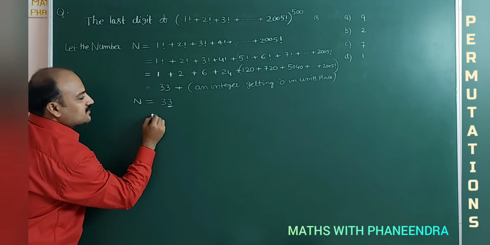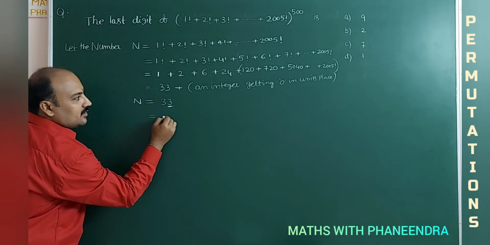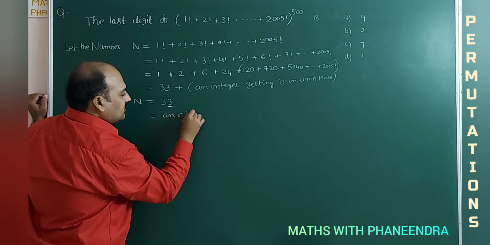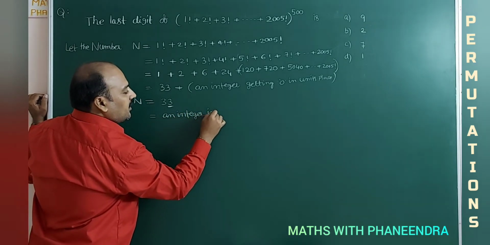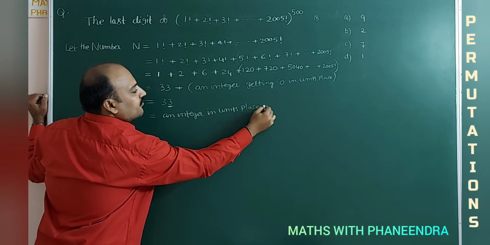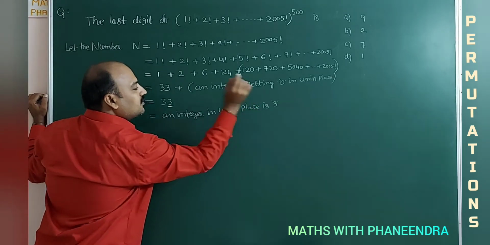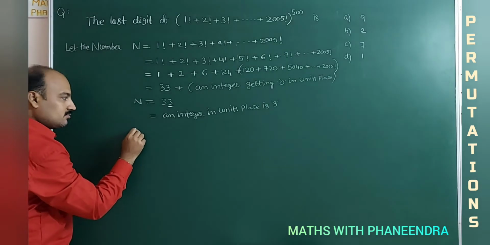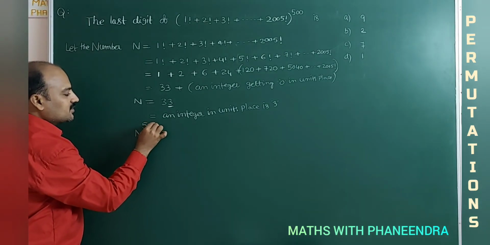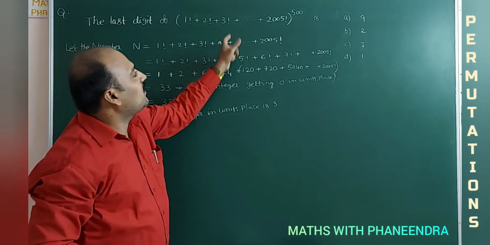So an integer in the units place is 3. Therefore, they are asking N power 500, this value whole power 500.